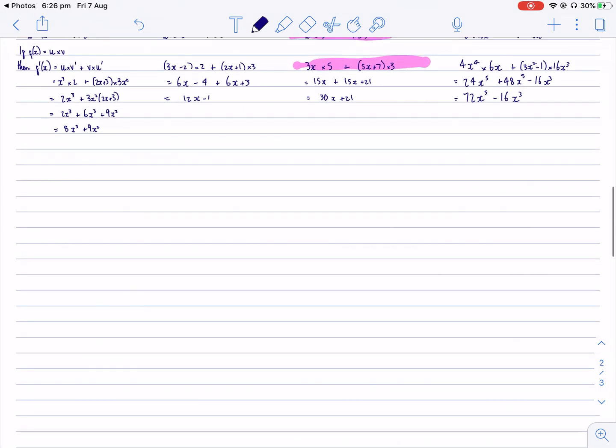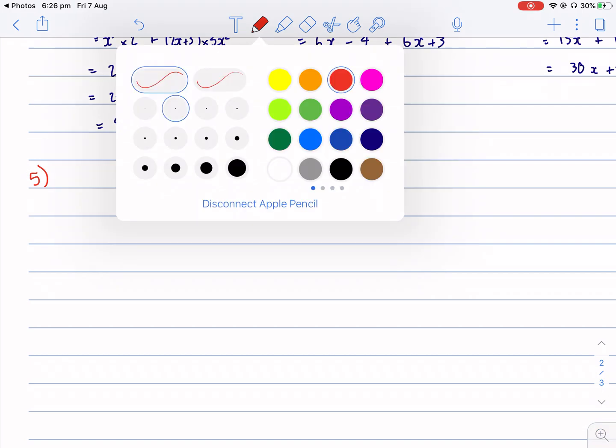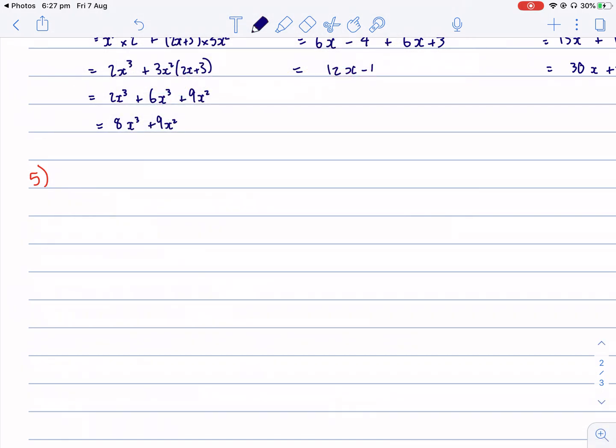All right, question 5. So we've got 2x times 3x to the 4 take x, which means u is 2x, u dash is 2, v is 3x to the 4 take x. Why did I put the bracket there? I don't know. V dash is going to be 12x cubed take 1.